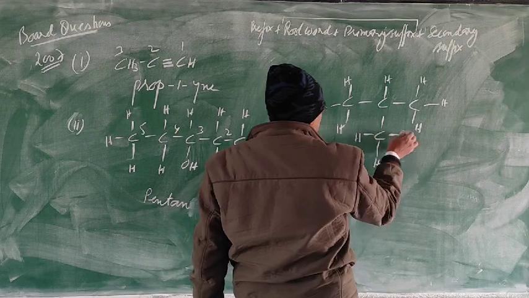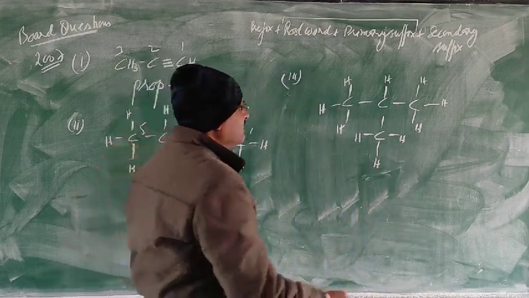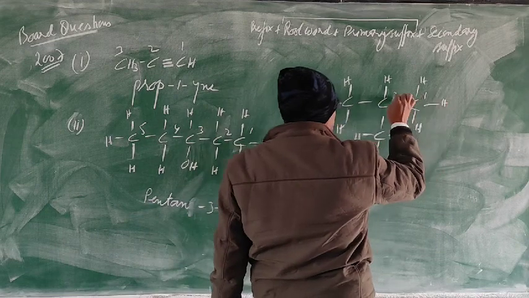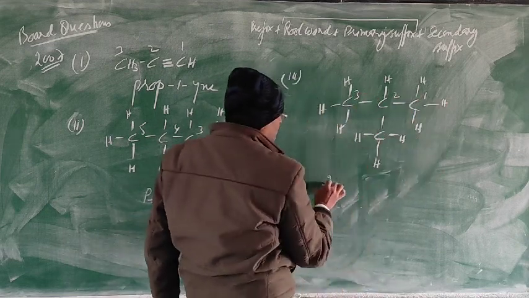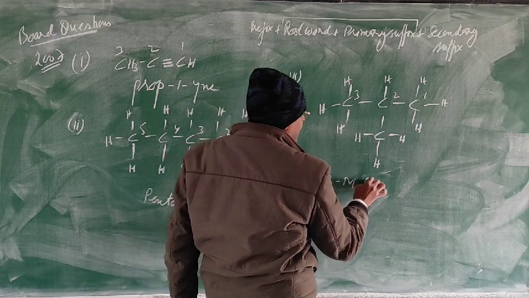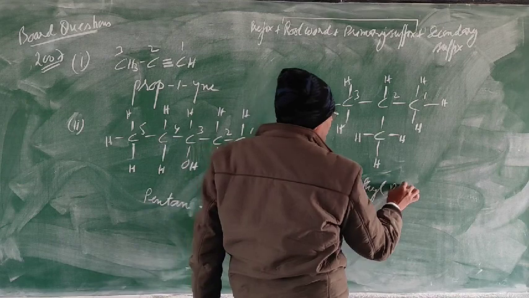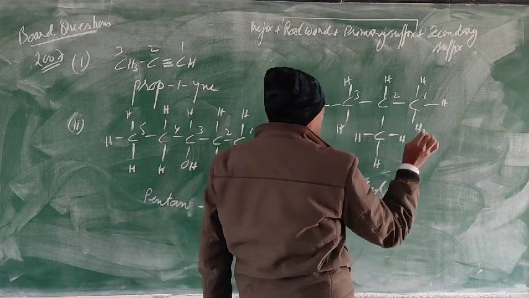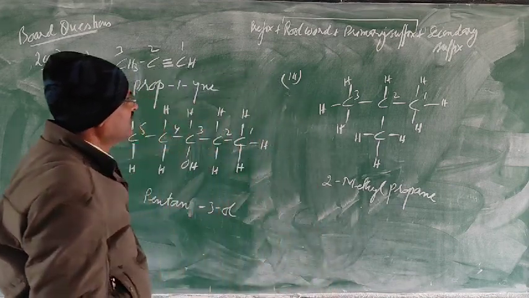First you do the numbering of the parent chain: 1, 2, 3. This group is called a methyl group, so 2-methyl. Then the root word for 3 carbon atoms is prop. Only single bonds are there, so propane. So 2-methylpropane.